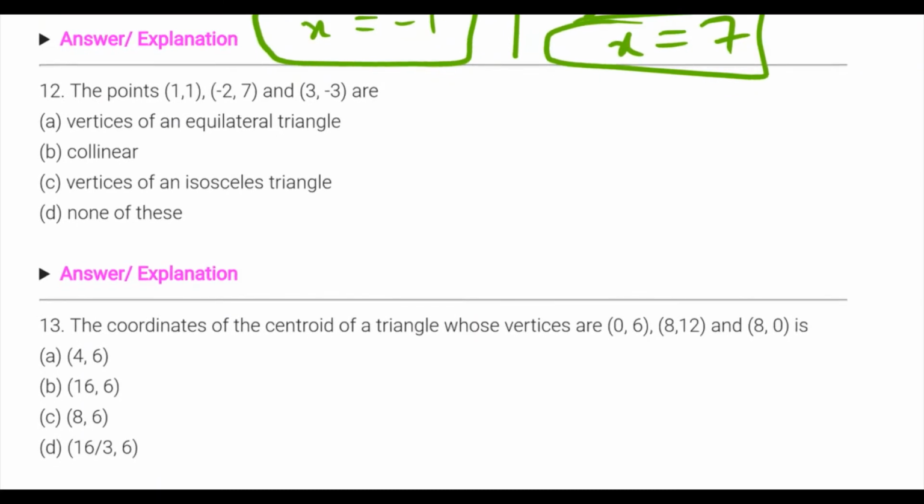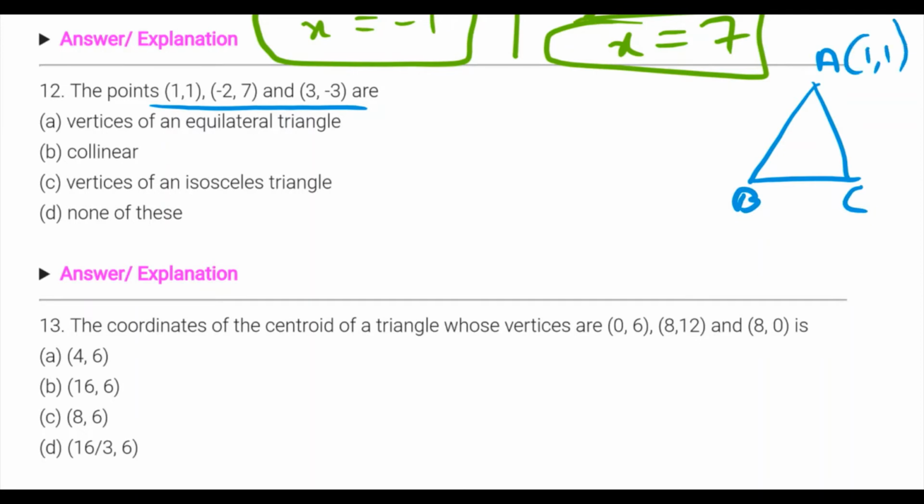12th question is the points. So he gave 3 points. We need to check if they are the vertices of an equilateral triangle, or if they are collinear, or if they are an isosceles triangle. So let us find the distance of the sides A, B, C. A is 1, 1, B is -2, 7, and C is 3, -3.